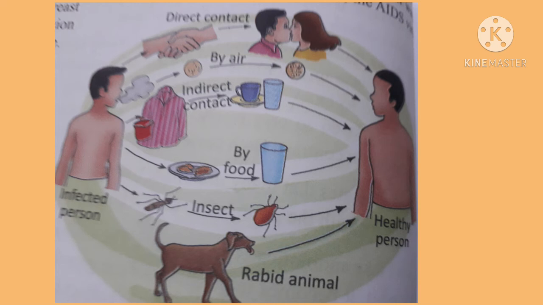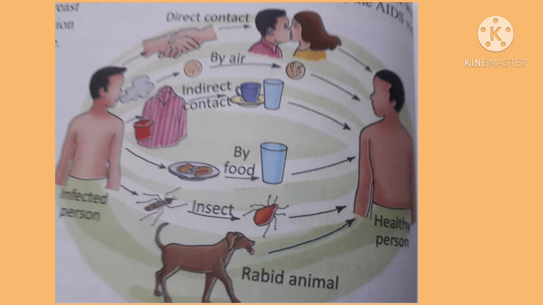Apart from sexual contact, the AIDS virus can also spread during pregnancy or through breastfeeding. It is also spread through blood transfusion from infected people or from an infected syringe.